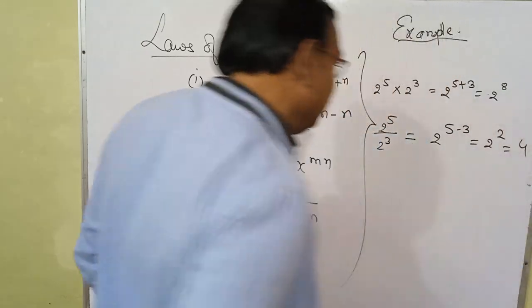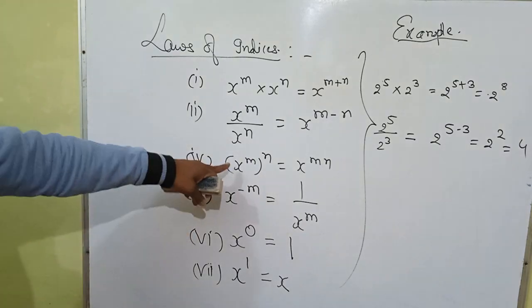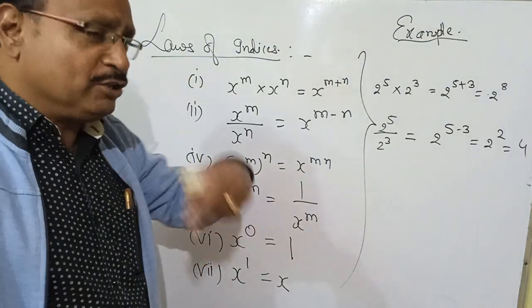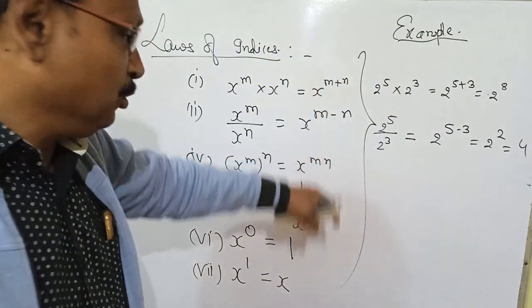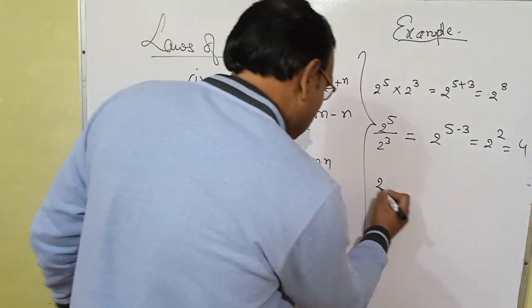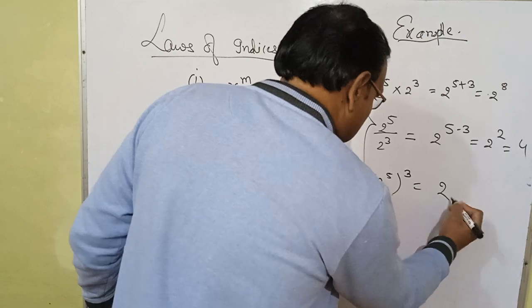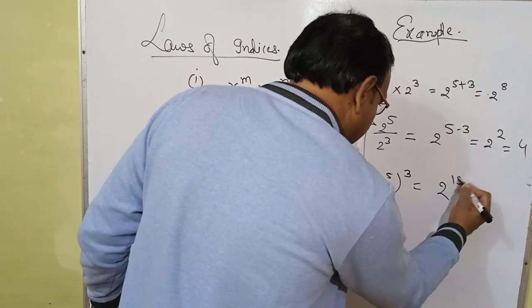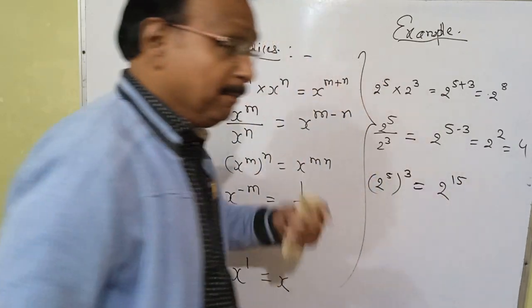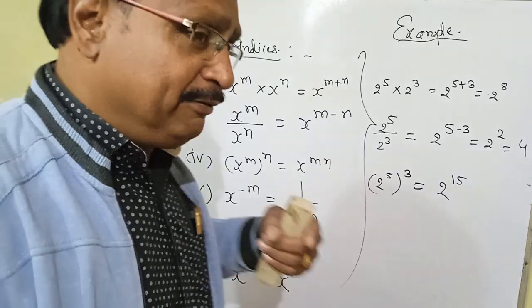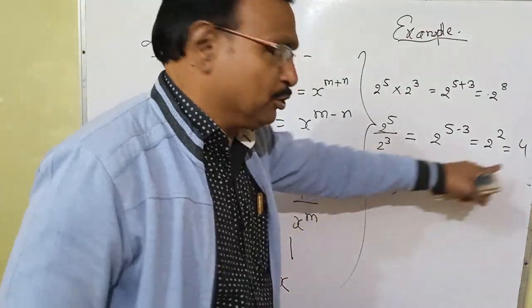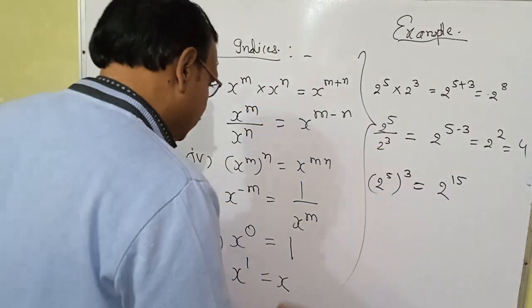For x to the power m raised to the power n, x to the power mn, 2 raised to the power 5 and 3 gives 2 raised to the power 15, or we say the 15th power of 2.